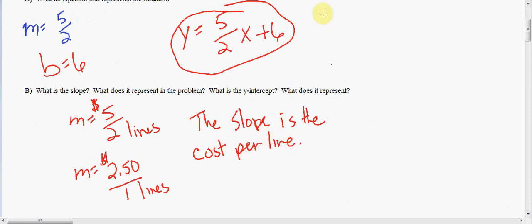Okay. Now the y-intercept, which is 6, that's my initial cost. So, whoops, let me erase that. The y-intercept is the initial cost.